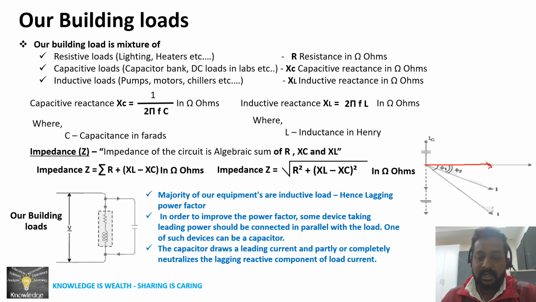Then between voltage and current there is no phase angle, they will be inline, and phi becomes 0. Then it is said to be unity power factor. So in our building load, we can neutralize the lagging effect up to unity power factor.